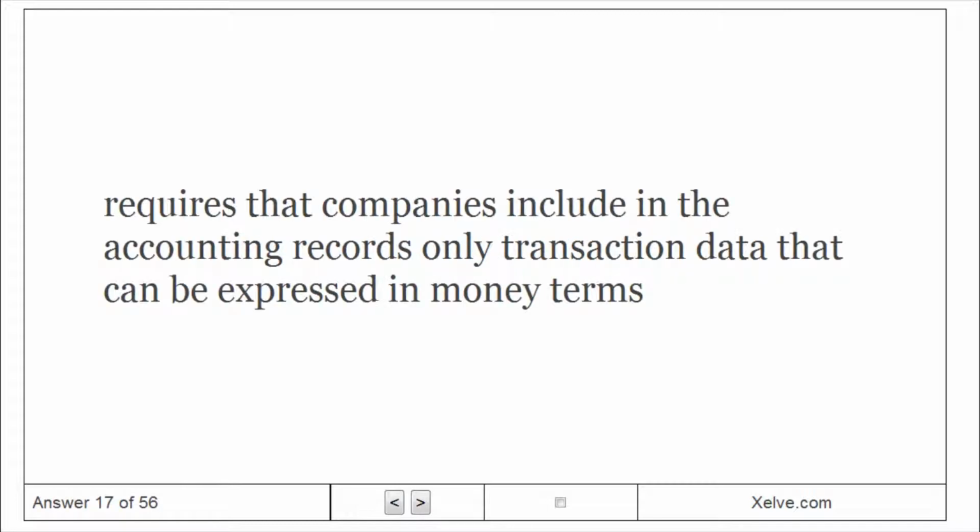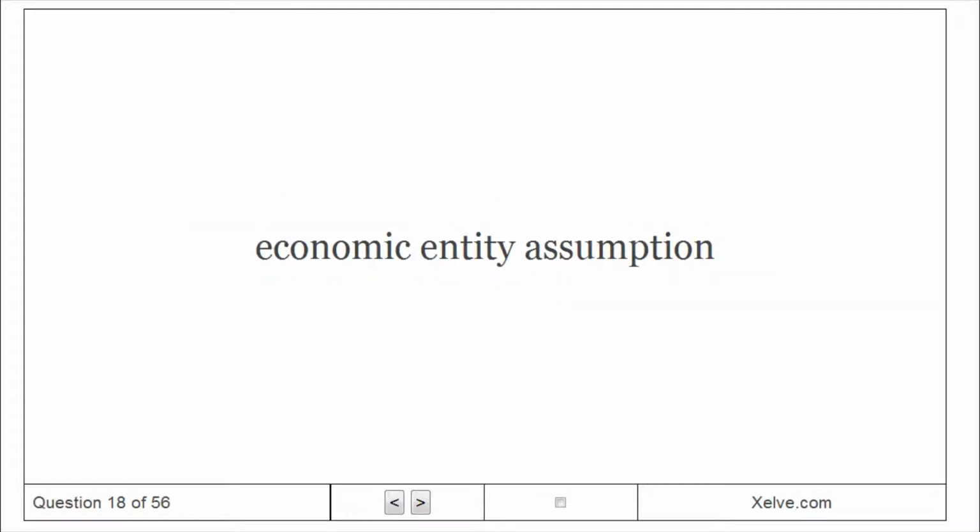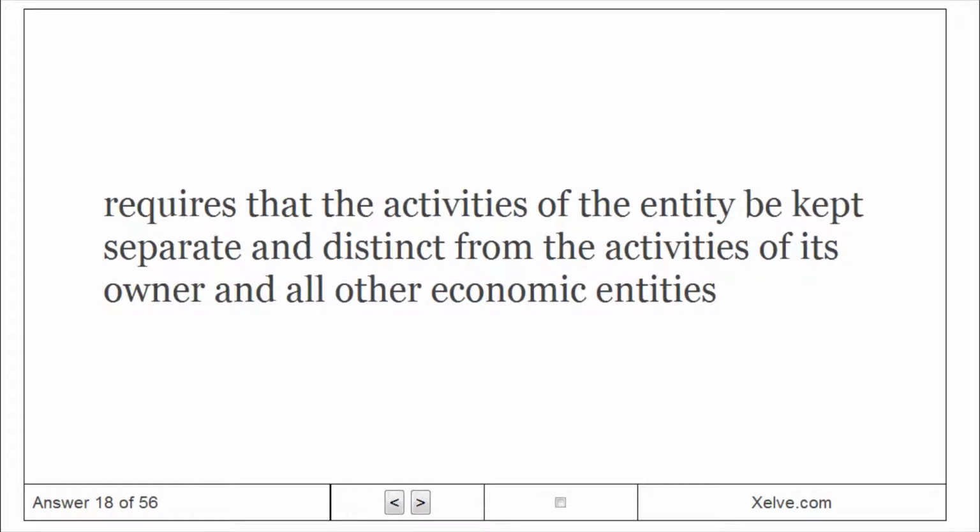Requires that companies include in the accounting records only transaction data that can be expressed in money terms. Economic entity assumption. Requires that the activities of the entity be kept separate and distinct from the activities of its owner and all other economic entities.